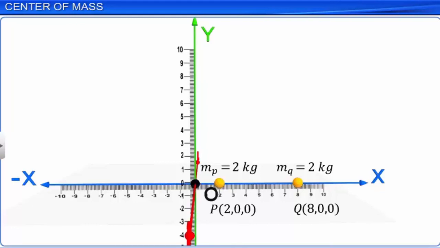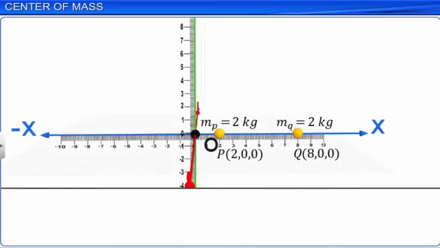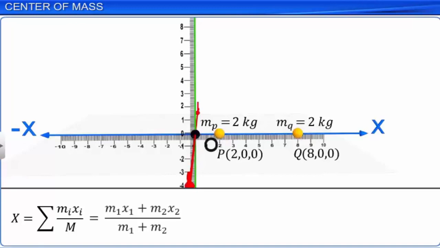X is equal to sigma mi xi by m, equal to m1 x1 plus m2 x2 by m1 plus m2, which is equal to 2 into 2 plus 2 into 8 by 2 plus 2, equal to 5.